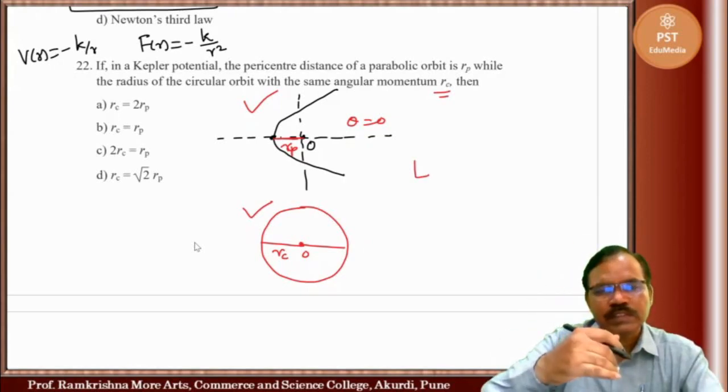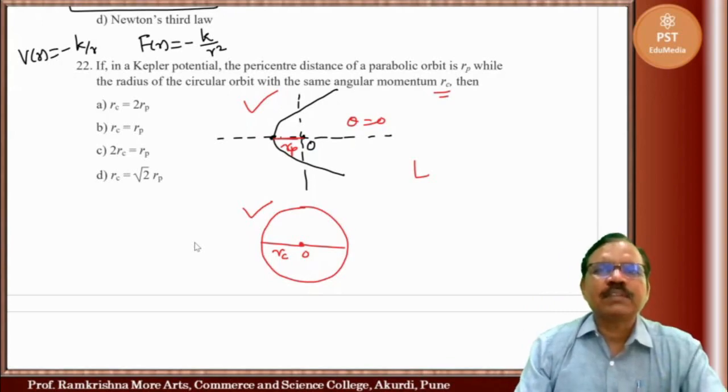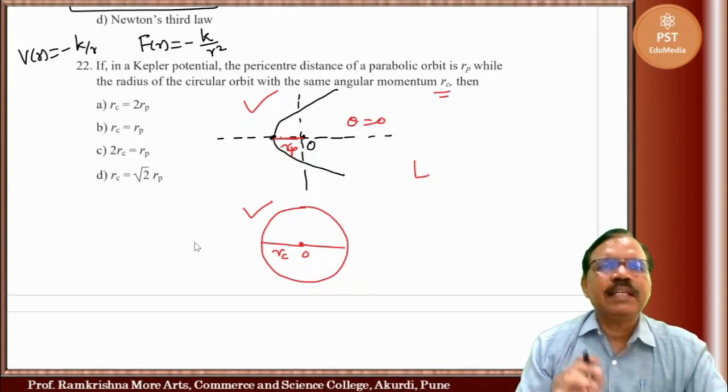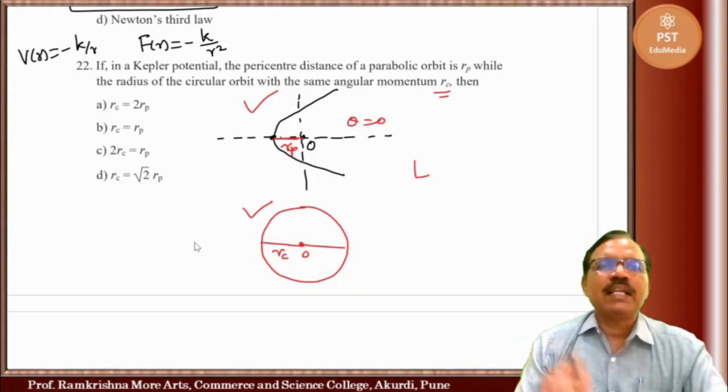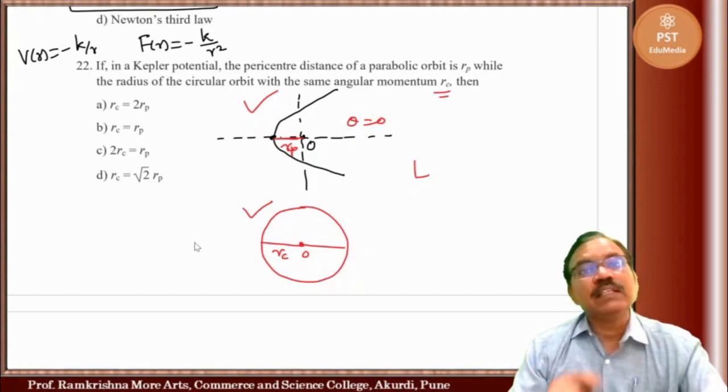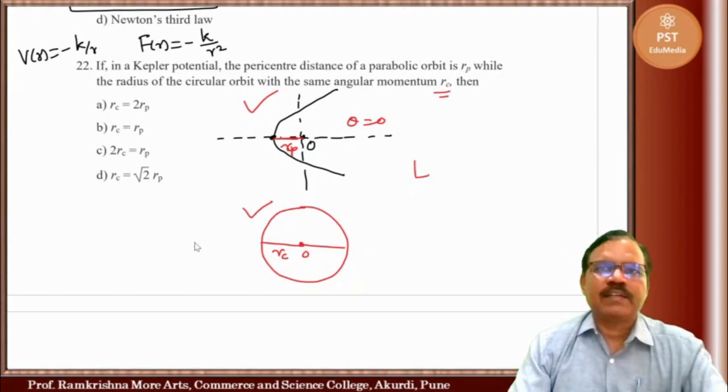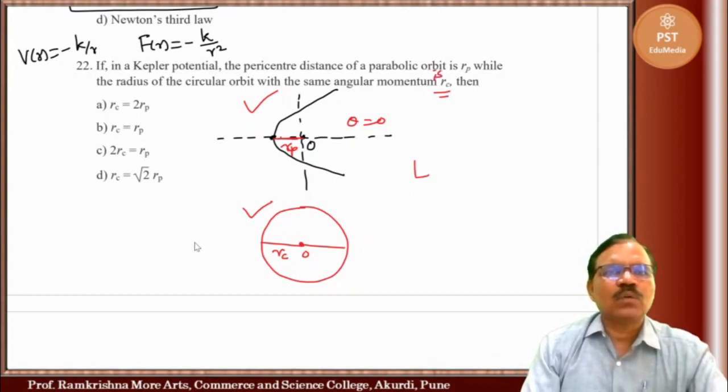So we have two situations, but the angular momentums are the same. Then we must have rc equal to 2rp, rc equal to rp, 2rc equal to rp, rc equal to root 2 rp.